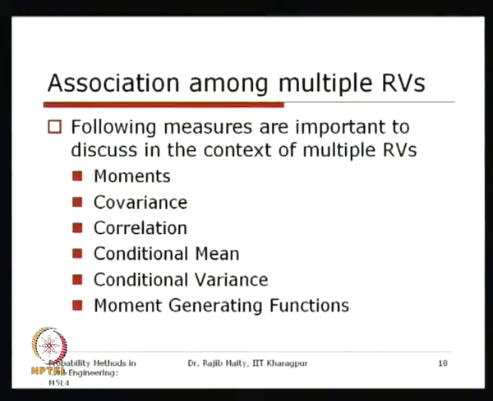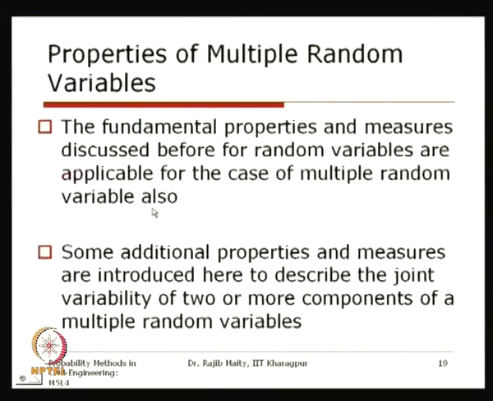Anyway, to start with the bivariate case, the fundamental properties and measures that we have discussed for random variables are applicable for multiple random variables also, and some additional properties and measures are introduced here to discuss the joint variability of two or more random variables.